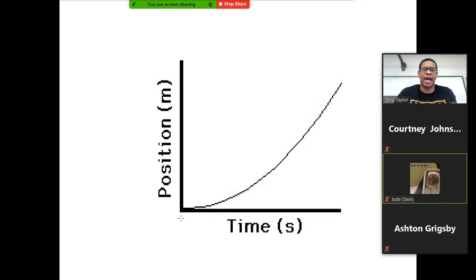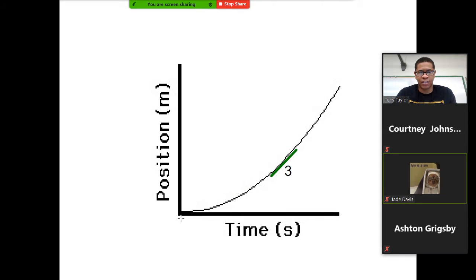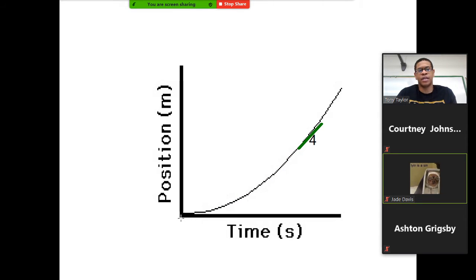And so we can clearly see here, and I'm going to draw a trend line at every second to get an idea of what's happening to the curve in the vicinity of that second, to see what's happening to the speed as time progresses. So notice the trend line starts off, for the most part, relatively flat. It's nearly horizontal. But as time progresses, it goes from flat to steep. So there's a trend line at 2 seconds, 3 seconds, 4 seconds, and so on.